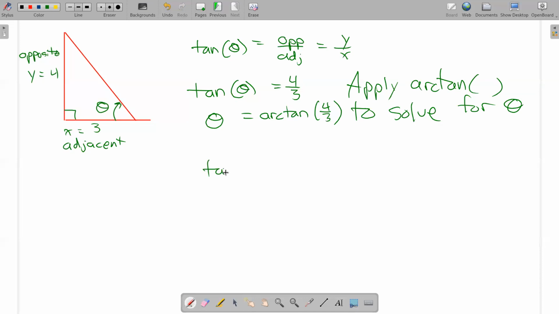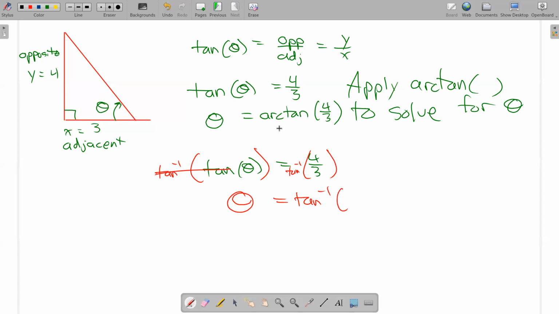So starting with the tangent of theta equals 4/3, I could then apply the arctan, which is often called the tan inverse, to both sides, like that. A function and its inverse cancel, leaving just theta. So the answer has to be whatever the tan inverse or arctan of 4/3 is.